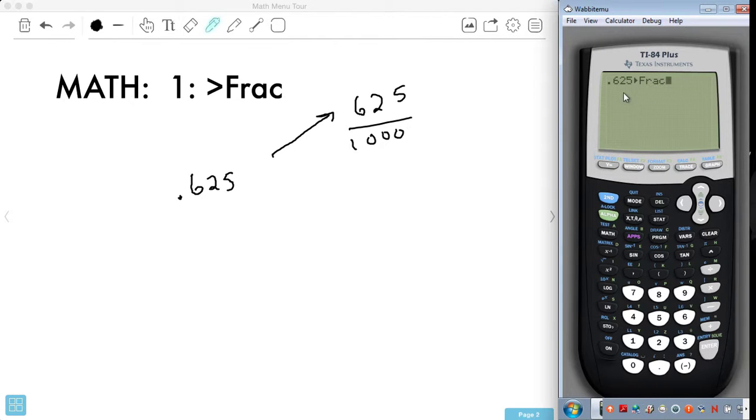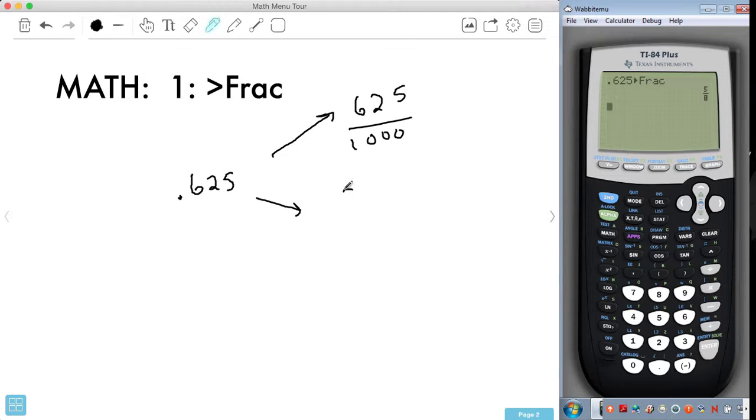On my screen now it says it's going to take the decimal 0.625 and try to turn it into a fraction if it's able to and the fraction is not too huge or ridiculous. So I'll press enter and you can see 0.625 is equivalent to 5/8, which is what you would have got had you reduced 625 over 1,000 down to its lowest terms.